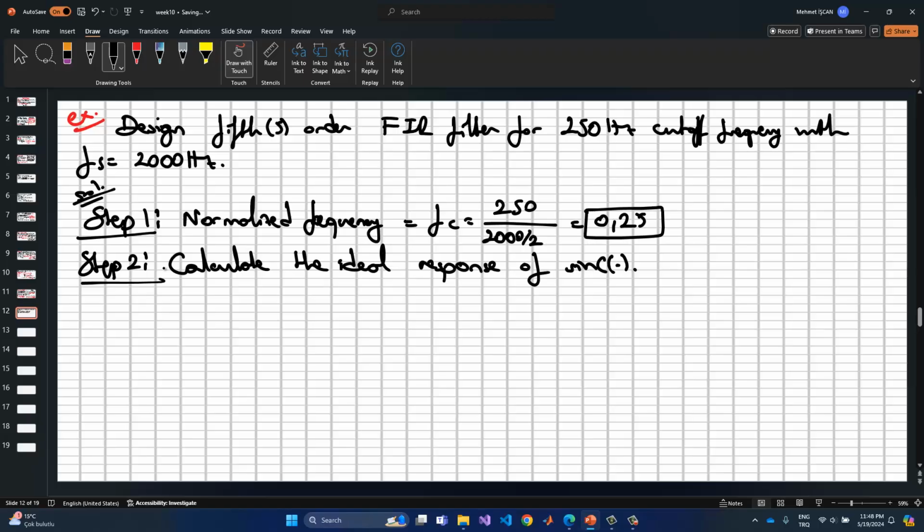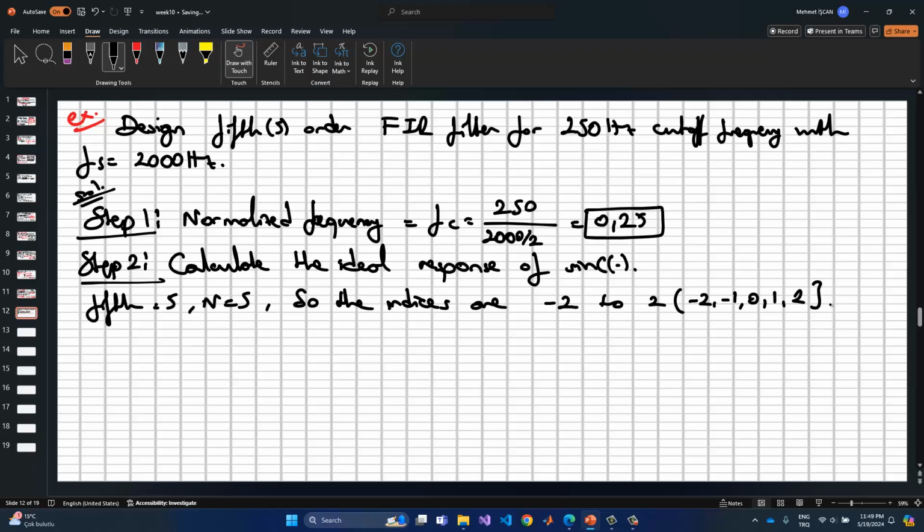For the fifth order, we have n equals 5. So the index runs from minus 2 to 2, or minus 2, minus 1, 0, 1 and 2. These are the indices.